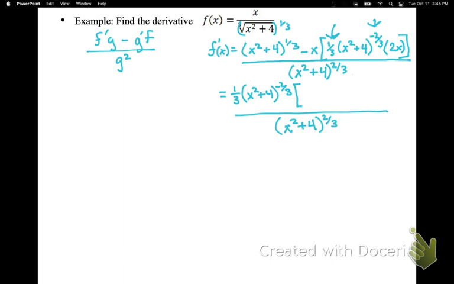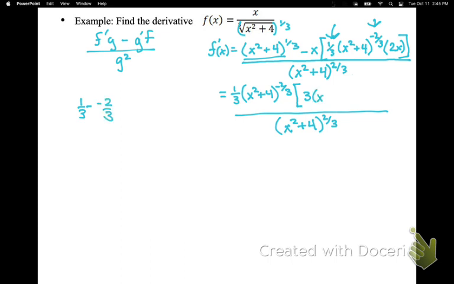Okay, so when I factor out a 1/3, I have to multiply by what? 3. Well, when you factor, you divide. When you divide by a third, you multiply by 3. So the first piece just gets a 3. And then I have 1/3 minus the negative 2/3, so you get a 1.